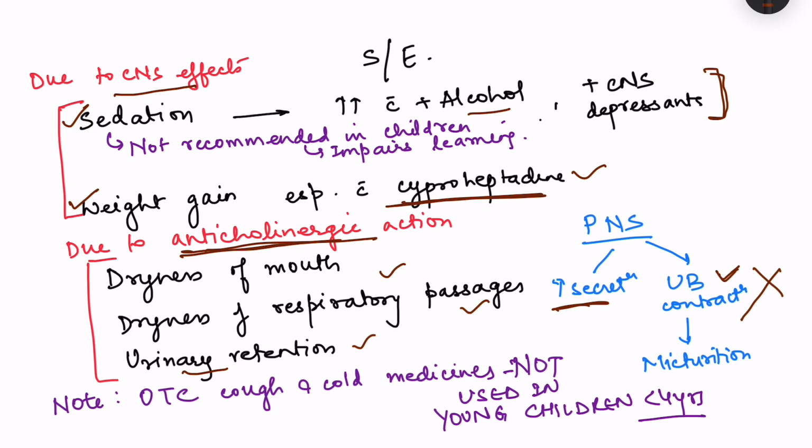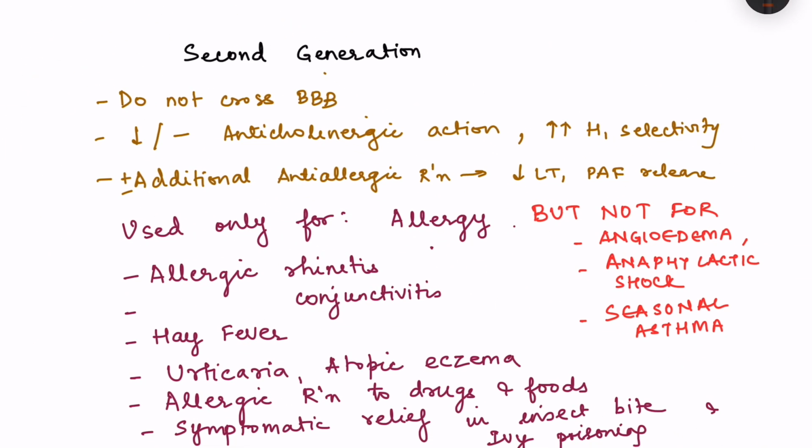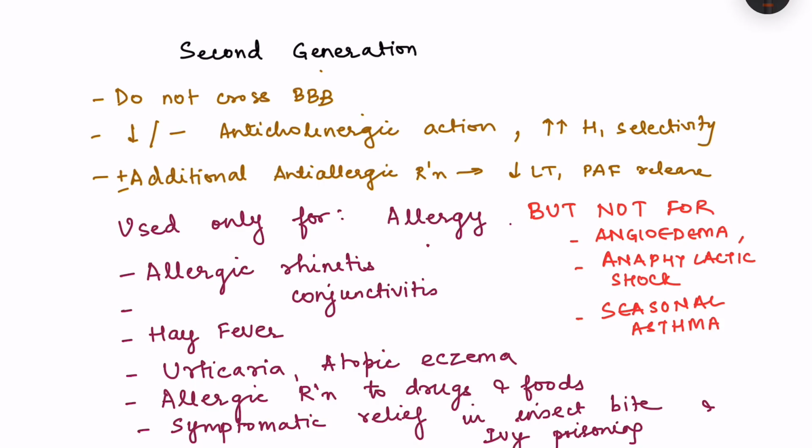But remember one thing, that these over the counter cough and cold medicines with the combination of antihistaminics, antitussives, decongestants, they are not given in young children less than 4 years. They are contraindicated. Okay. Moving on to the next part, that is the second generation antihistaminics.